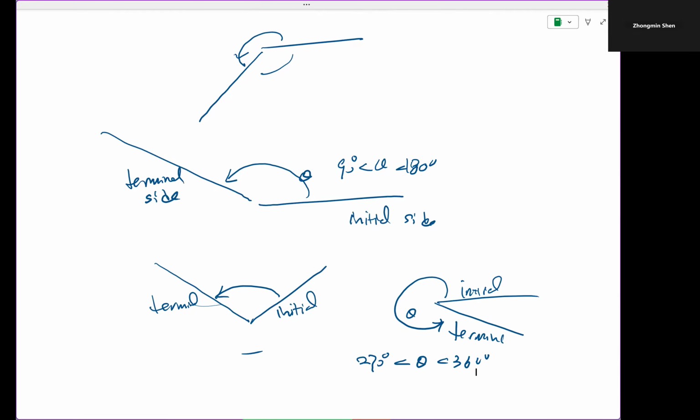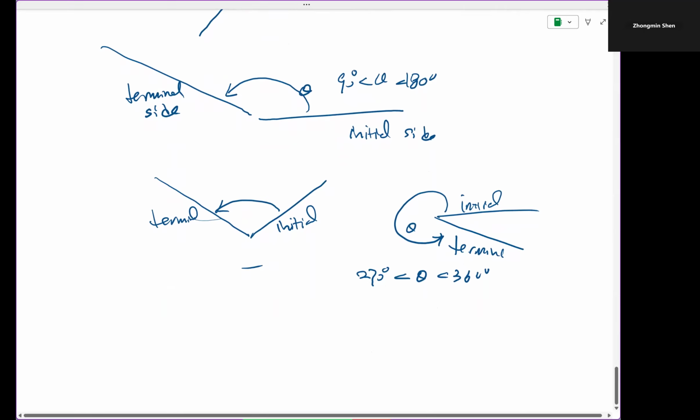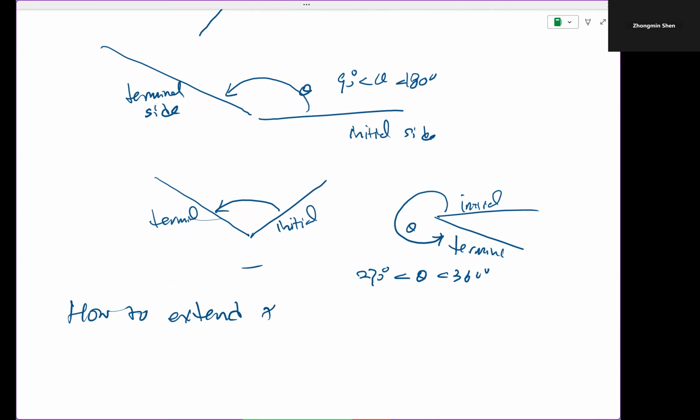Okay, so my question is how to extend the definition of sine alpha, cosine alpha, and so on, right?